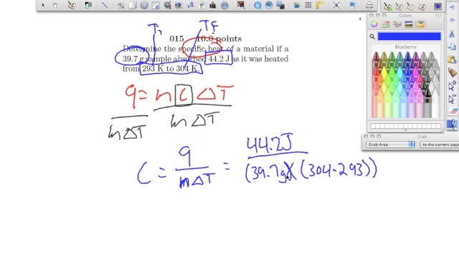And what I would see my answer to be is a very low specific heat, or a C value of 0.0977, and that unit would be joules per gram Kelvin.